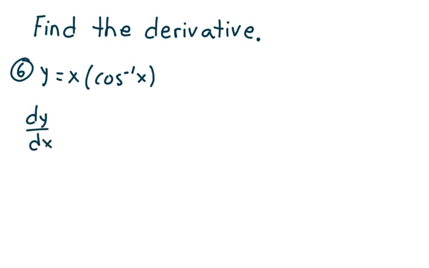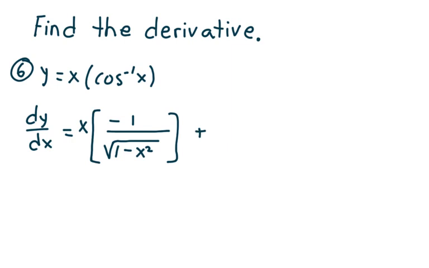dy/dx is equal to, by the product rule, I'm going to write the first function and then take the derivative of the second function with respect to x, which is -1 over the square root of 1 minus x squared.